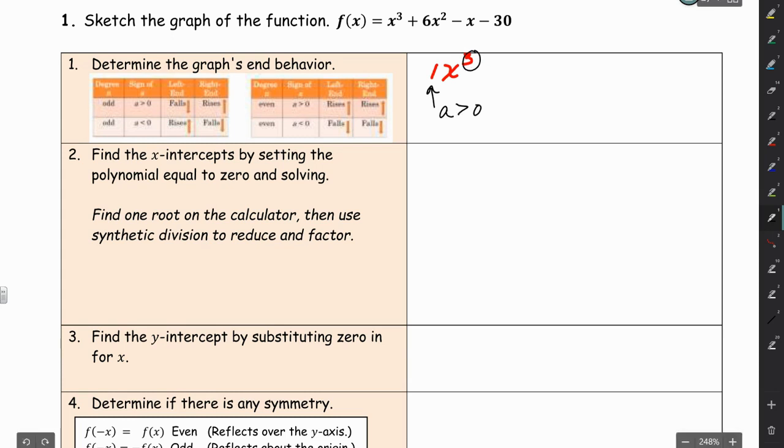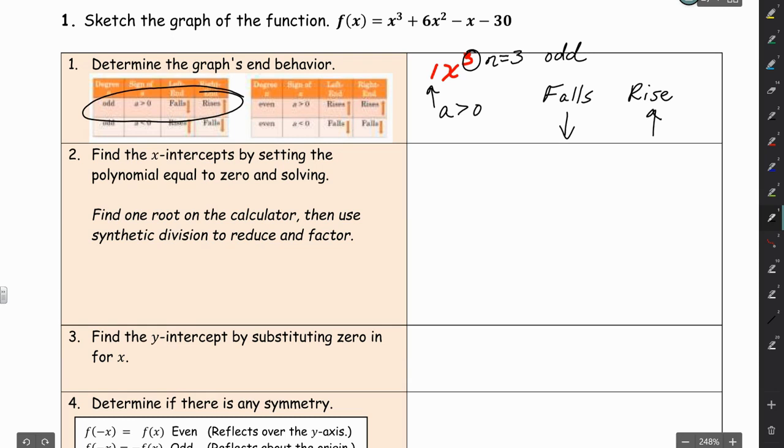The degree, n, is equal to 3, so our degree is odd. And so we know that it's going to fall on the left and it's going to rise on the right. And let's just circle that in here. So it's odd where a is greater than 0.